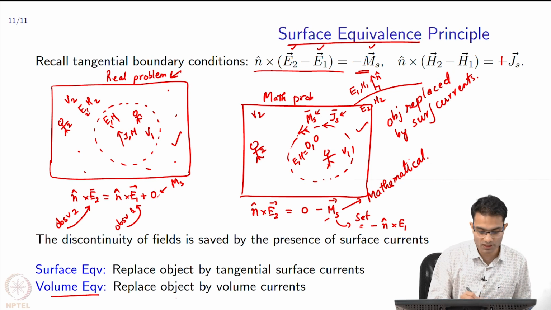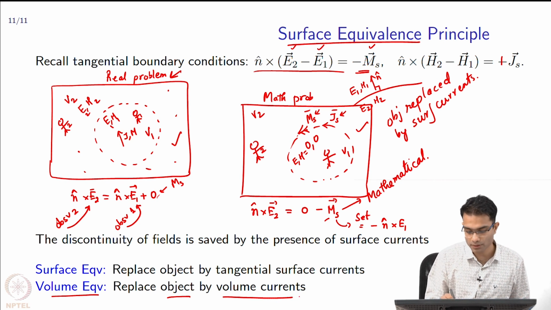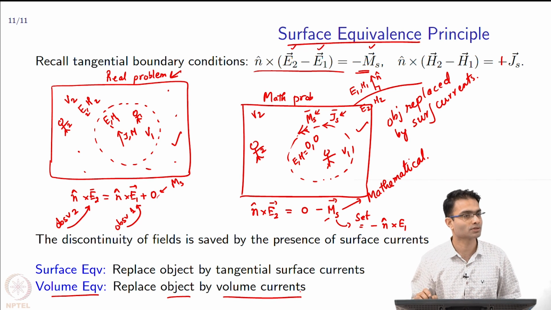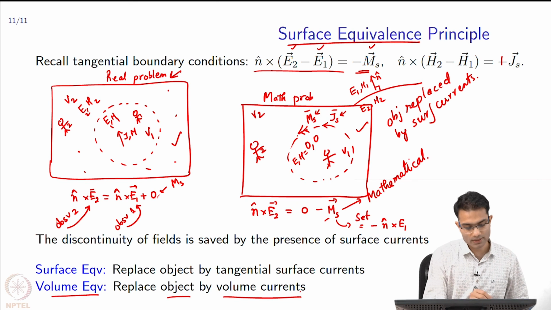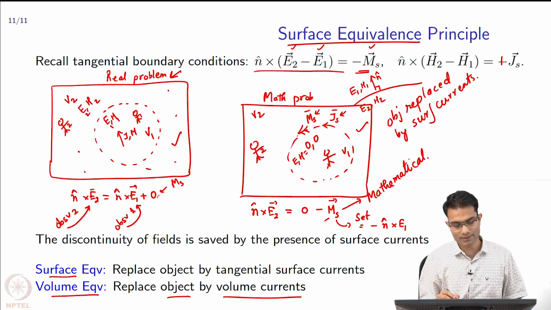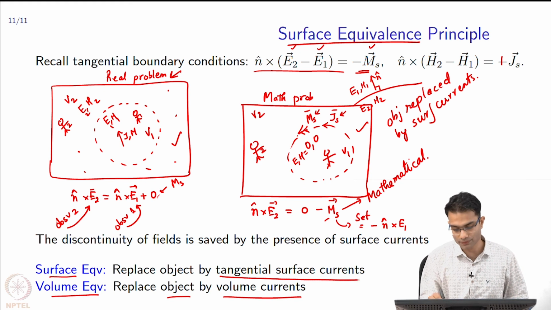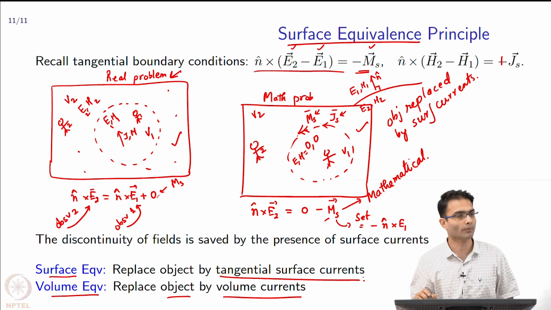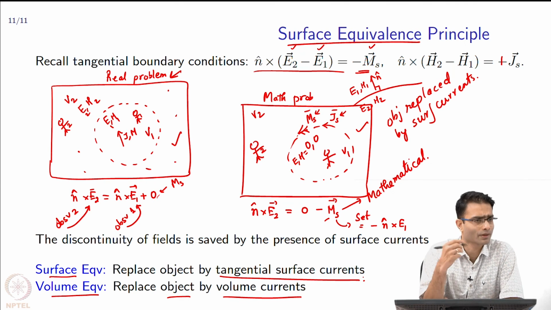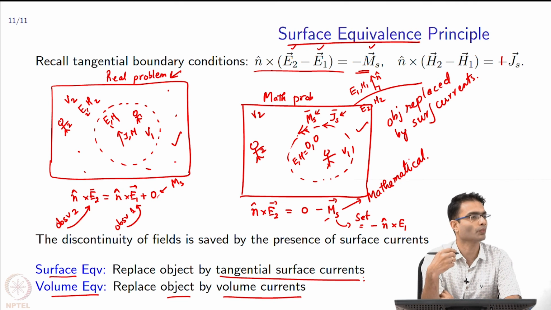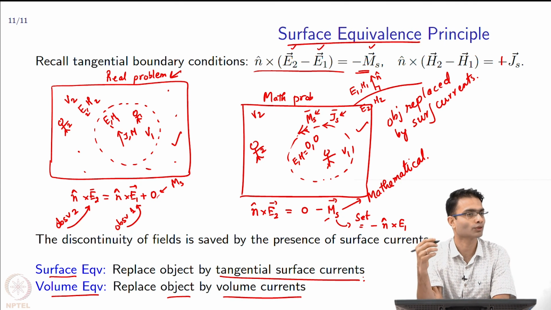In the volume equivalence, we saw that the object was replaced by volume currents J equivalent and M equivalent, and in the surface equivalence principle I replaced the object by tangential surface currents. Okay. So, again this will seem a little bit abstract right now, that why are we doing this, but when we begin to take the first method in computational electromagnetics, which are integral equation methods, it will become very, very useful having done this. Okay.